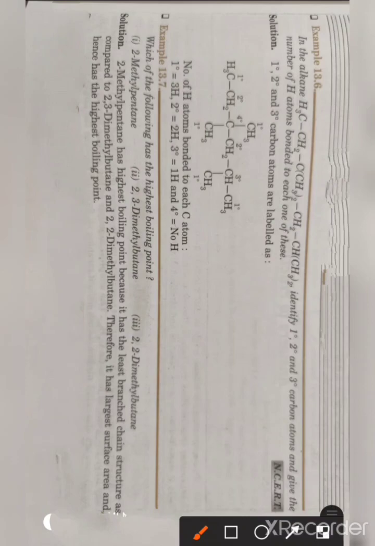Now, how can you identify 1 degree, 2 degree and 3 degree? As I told you, identify the carbon. If any carbon is attached to another carbon by a single carbon only, and the other three are hydrogen, because we know that a carbon should be tetravalent. So I am talking about this carbon, attached to 3 hydrogen and a carbon, which is further linked.